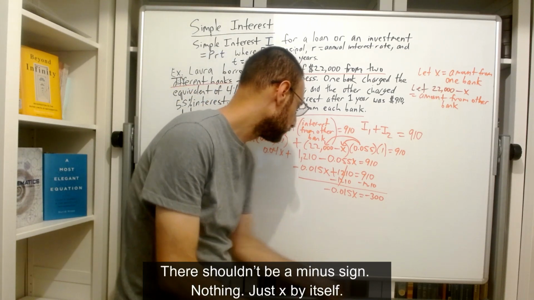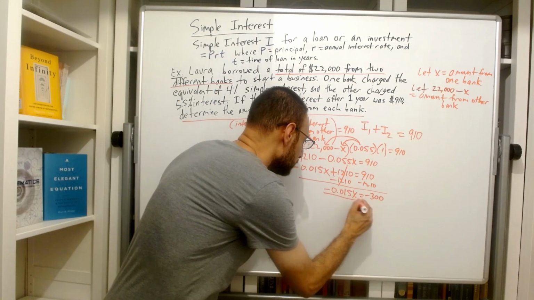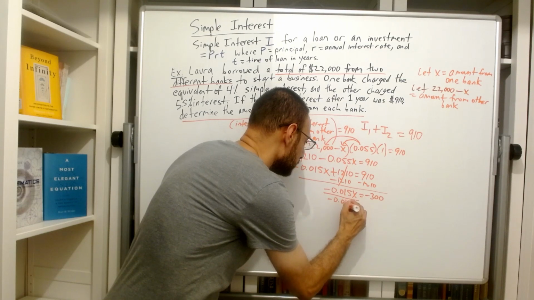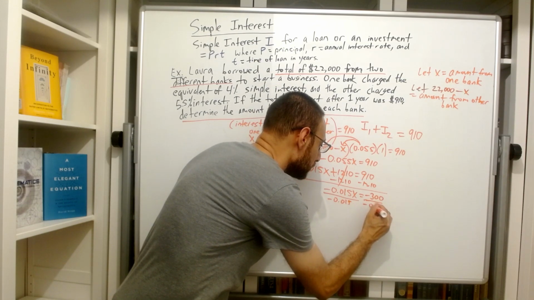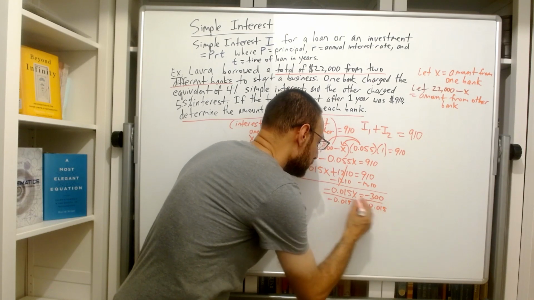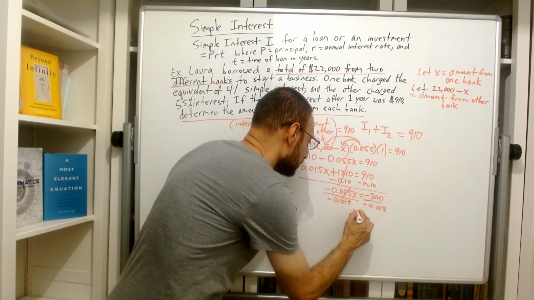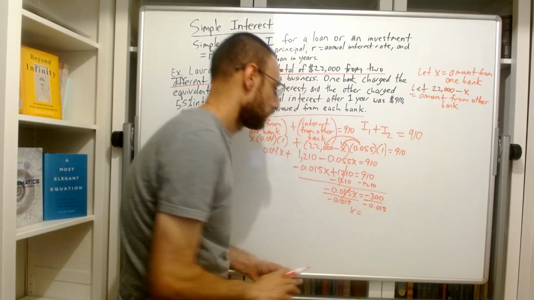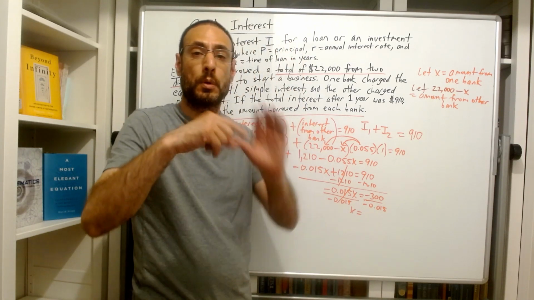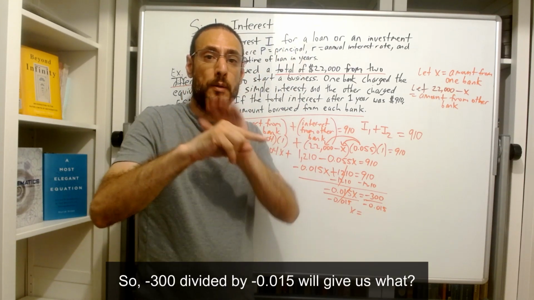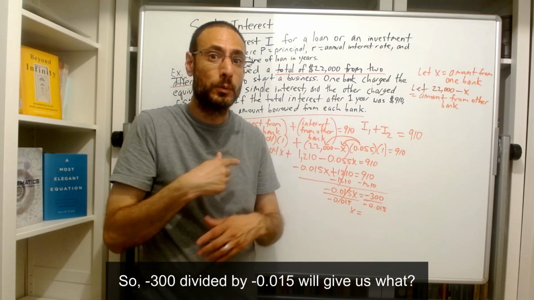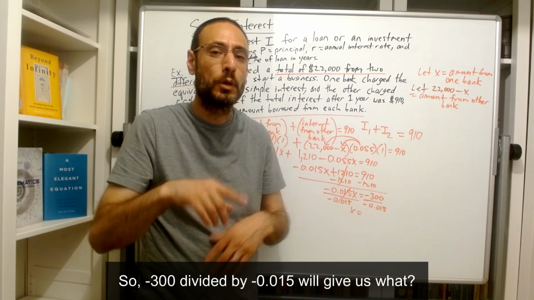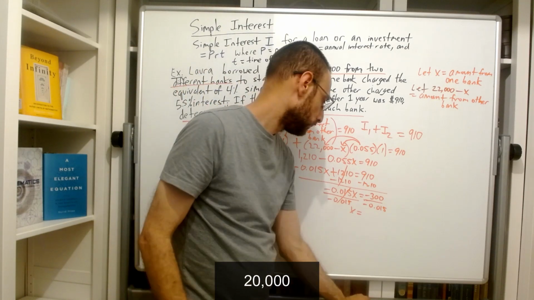Just x by itself. So, negative 300 divided by negative 0.015 will give us what? 20,000.